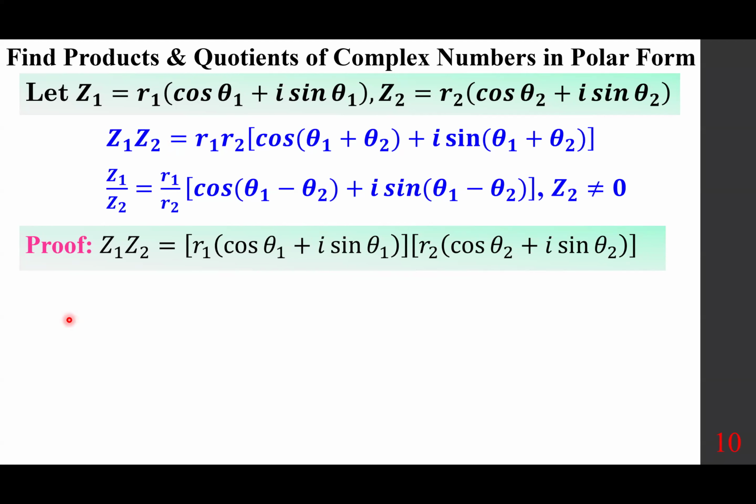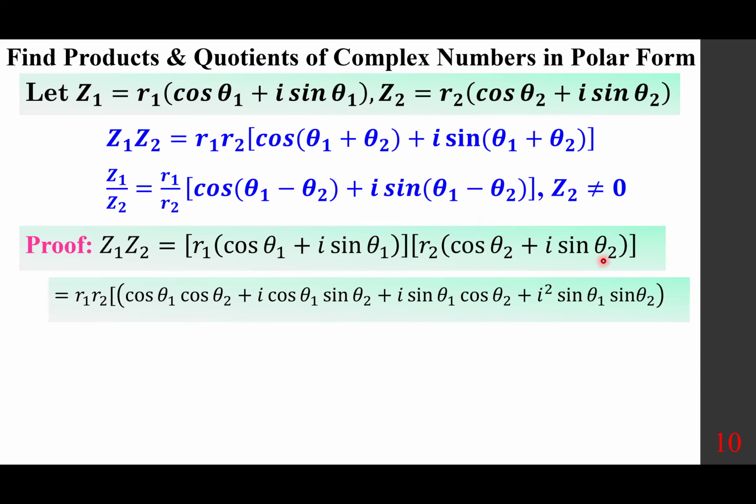So put R1 and R2 together and then multiply these two. So put R1 and R2 next to each other. Cosine theta 1, cosine theta 2. Cosine theta 1 times i sine theta 2. So we have the i there. i sine theta 1 times cosine theta 2. i sine theta 1 times i sine theta 2. This is what we get, everybody.